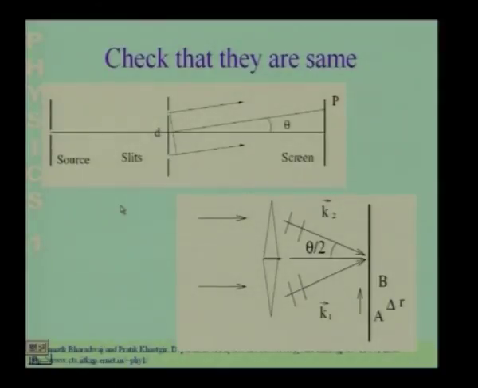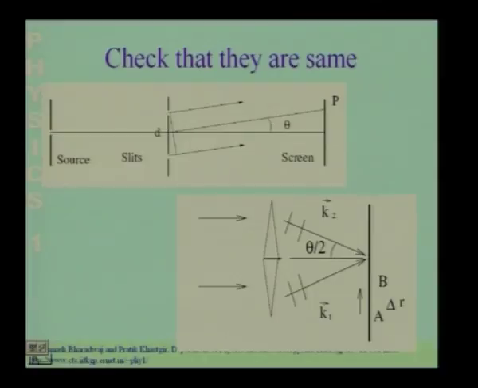Now, in the previous lecture and in this lecture, we essentially considered the Young's double slit experiment. Let me just remind you what the Young's double slit experiment was. We had a point source, and the point source was incident on 2 slits. Each slit now acts like a source.